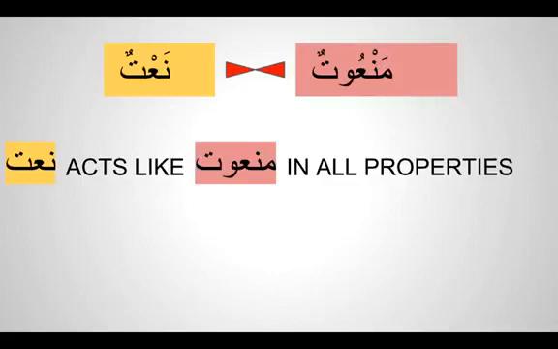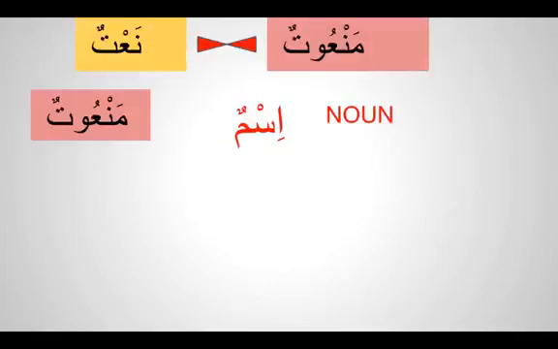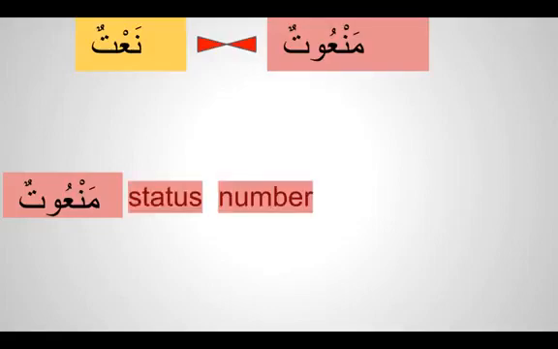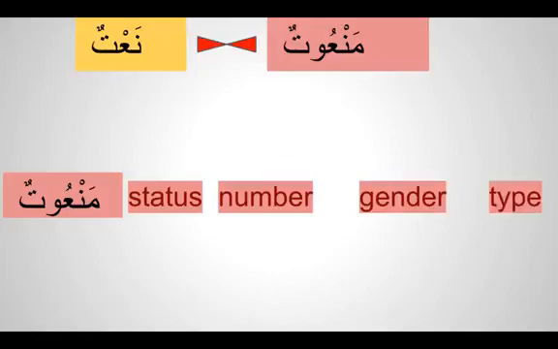The adjective or the naat acts like the man'ut in all properties. What are those properties? We know man'ut is a noun, and this man'ut will have four properties: status, number, gender, and type. And the naat will exactly copy the man'ut in all these four characteristics.